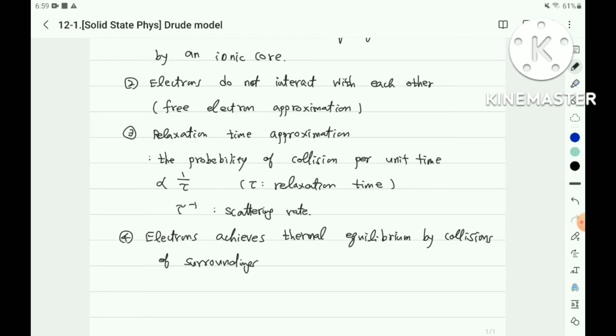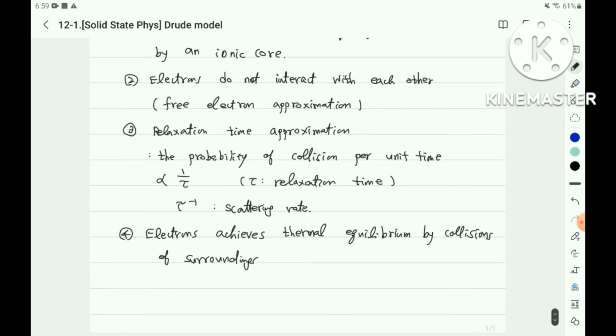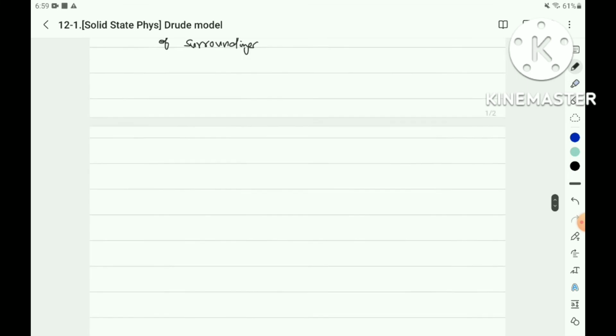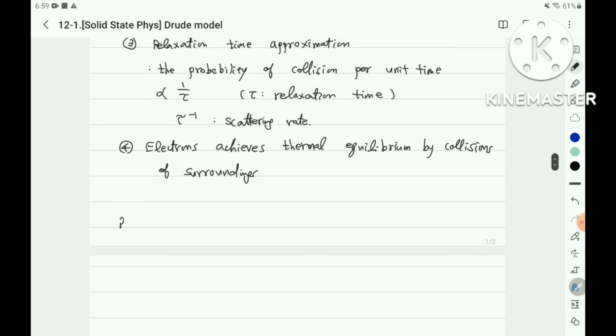By using the relaxation time approximation, we can calculate electronic transport properties like electrical conductivity. Let's use the relaxation time approximation.